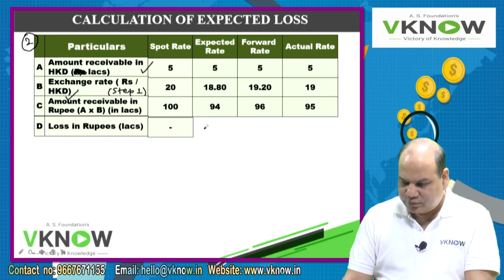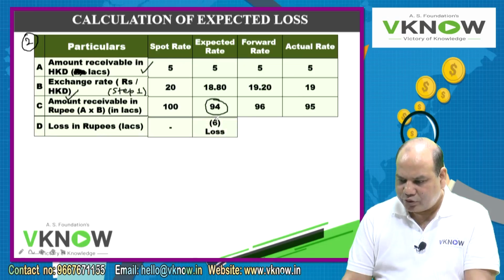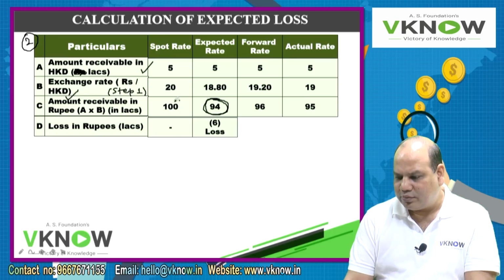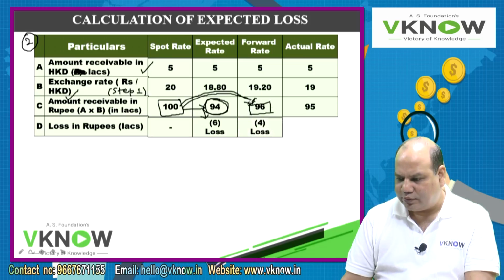If you just wait, then expected loss will be 6 lakh, because you will receive 6 lakh rupees less compared to the spot rate. Now tell me, if you take a forward cover, compared to the spot rate, what will be your loss? 4 lakhs.